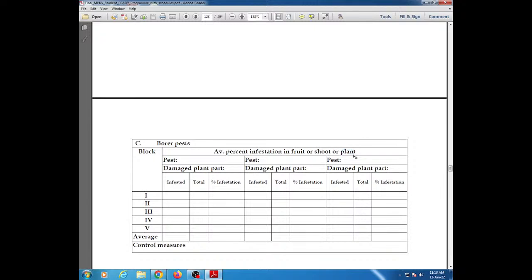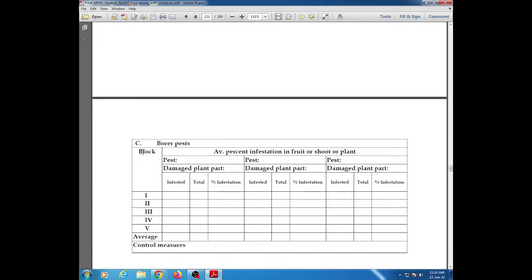That plant is going to lose its capability due to the damage done by the borer pest. That borer may bore the fruit, the shoot, or other body parts of those plants. That may be the stem, the branches, or other parts.